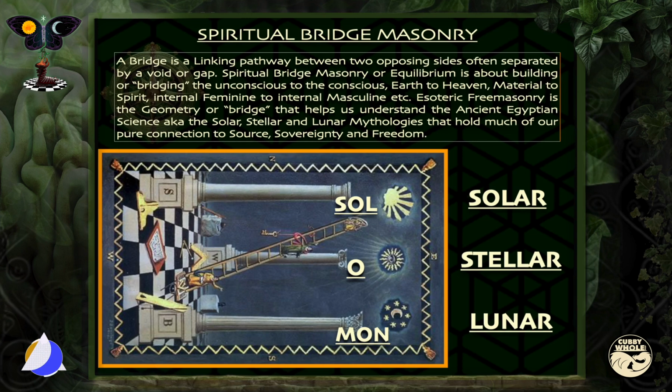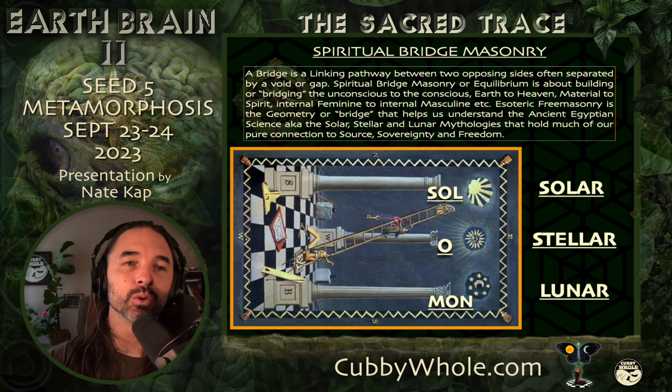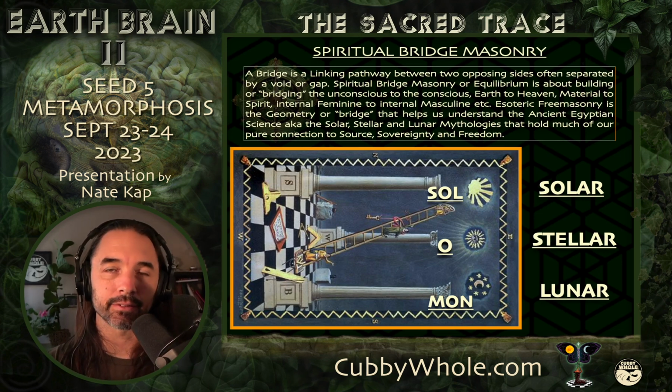Okay, so esoteric Freemasonry is the geometry or bridge that helps us understand the solar, the stellar, and the lunar mythologies that hold so much of our pure connection to source and sovereignty and essentially freedom. So it's a timeline back into our prehistoric past.